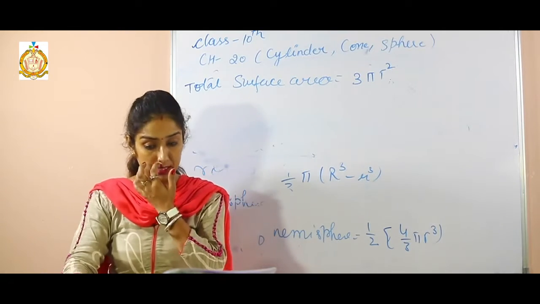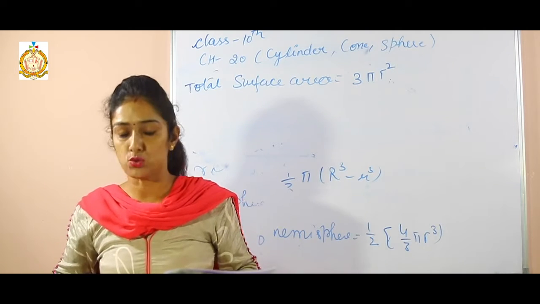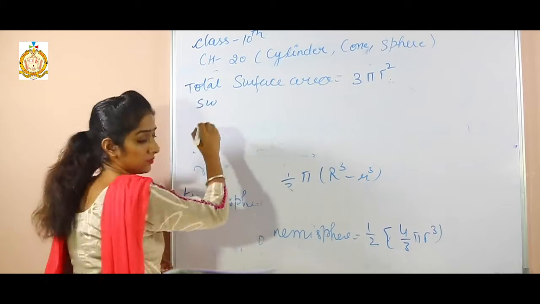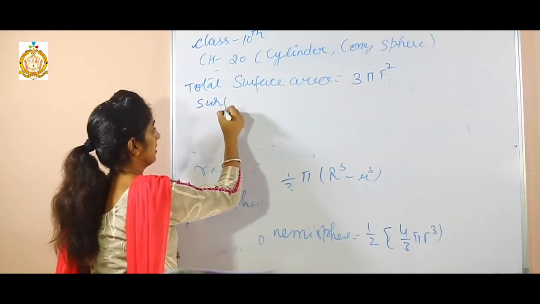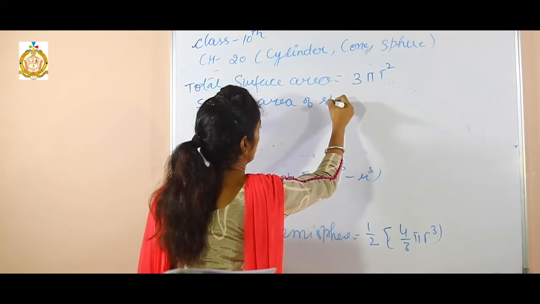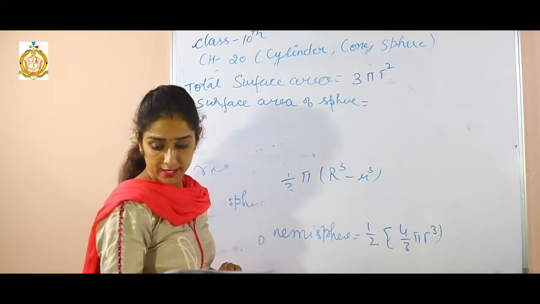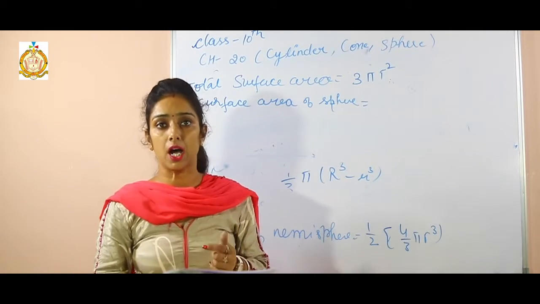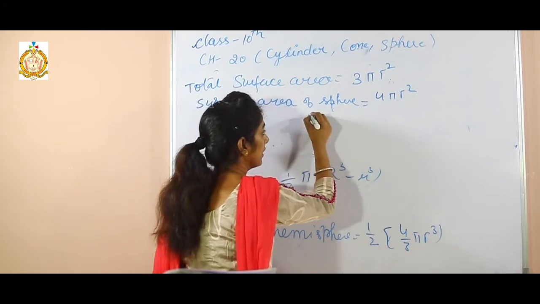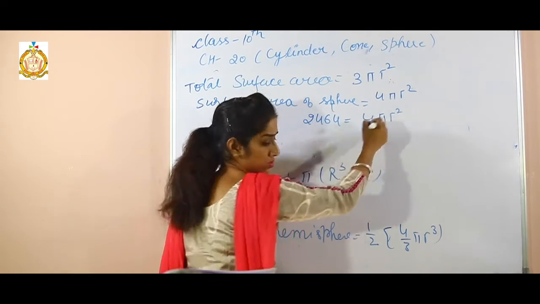Now see students, there is a first question. Surface area of sphere is 2464. Now surface area of sphere is what? That is 4 pi r square. Now here the area of sphere is given, 4 pi r square.